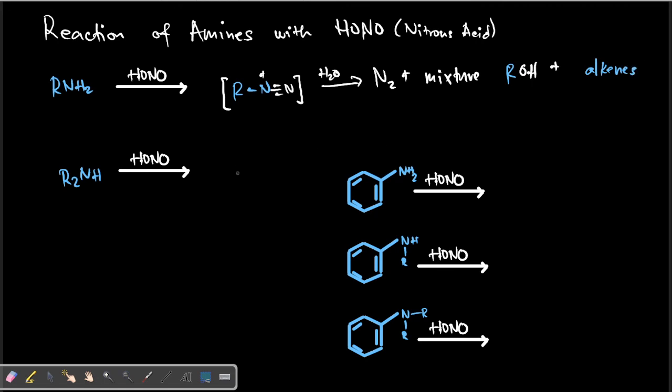And for the reaction of HONO with our secondary amine, what will happen here is we will have here our R2, then that is bonded to our nitrogen. Then we will have here a bond with our nitrogen from the HONO, which is actually double bonded to our oxygen. This is what we call our N-nitrosoamine.